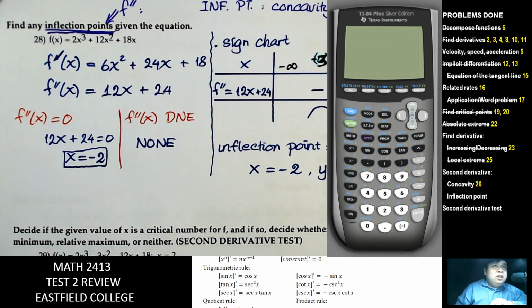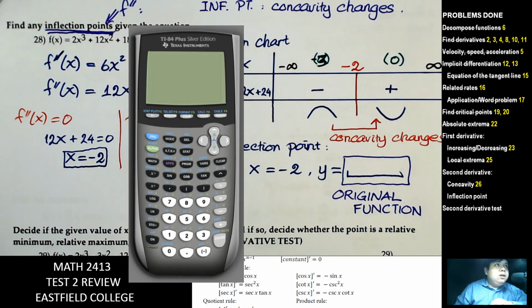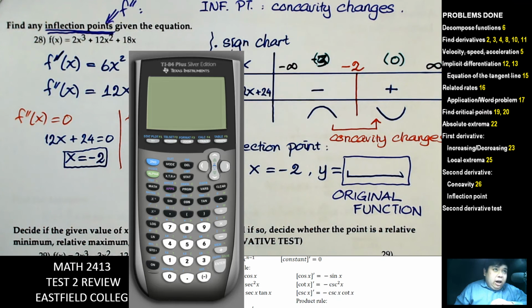Calculator. So I need to have x equal to -2. I'll type -2 and store it with the STO key into x. Now x will be -2.